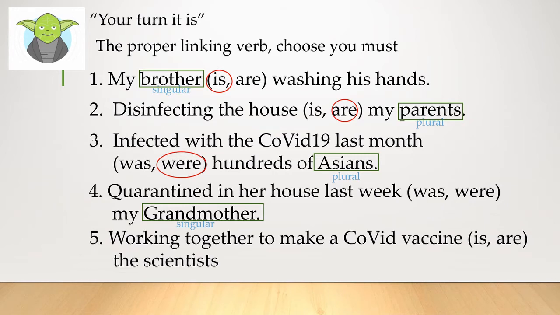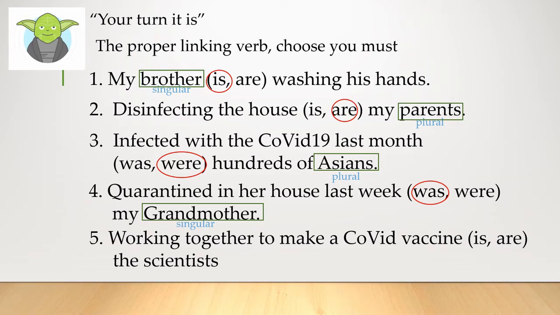It is indeed singular. And so, knowing that your subject is singular, what should be the correct linking verb? Is it was or were? So the answer is was. Quarantined in her house last week was my grandmother.